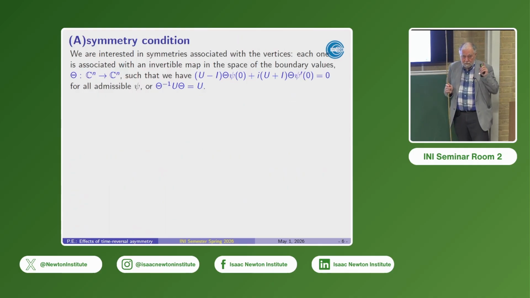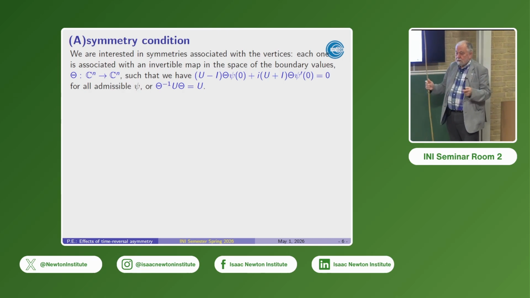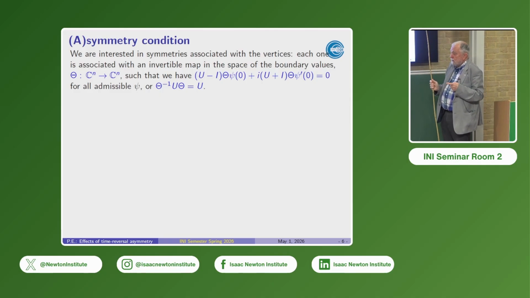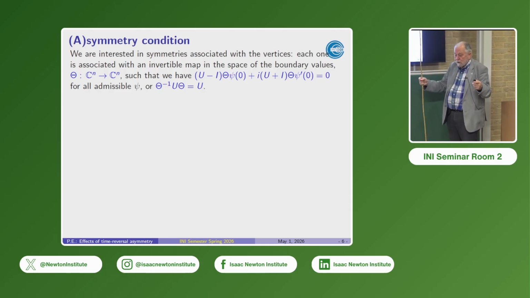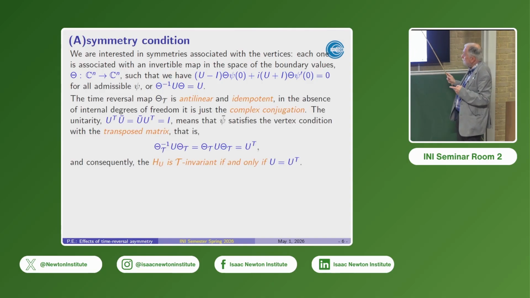Now, from a bit more general point of view, the symmetry. If you have such a condition, the Laplacian on a graph in the vicinity of the vertex, and now you want a symmetry represented by some map theta from C^n to C^n, because nothing non-trivial happens on the edges. All the non-trivial things are at the vertices. So the matrix U should satisfy this condition.